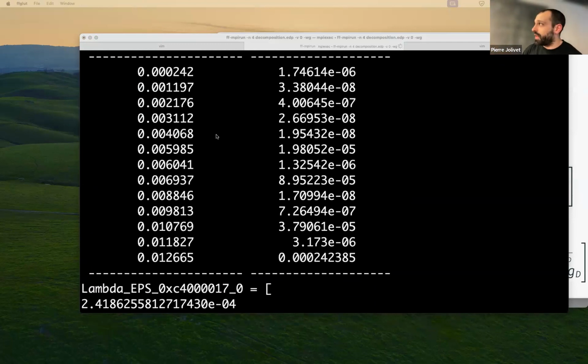Yeah, we have roughly the same error. TGV, you have to put it before any bilinear form or linear form assembly. Yes, exactly.